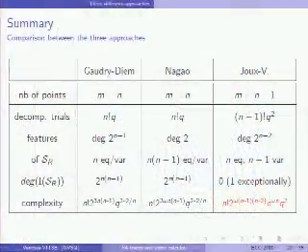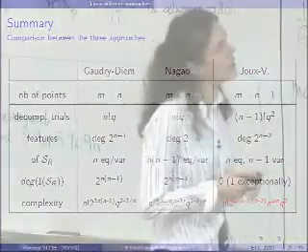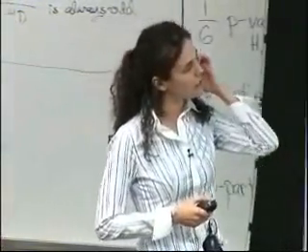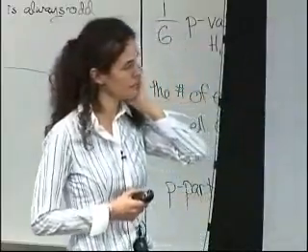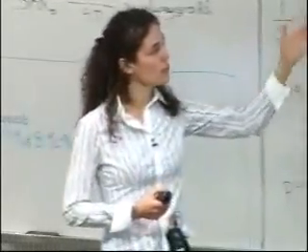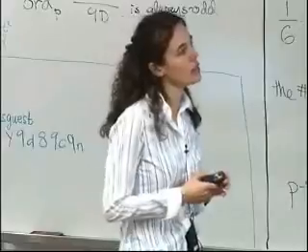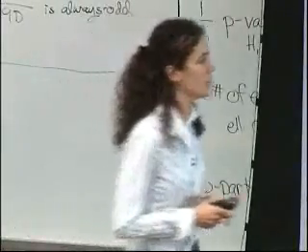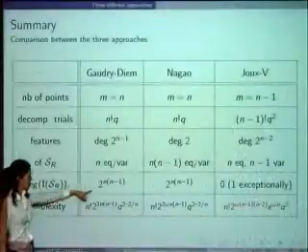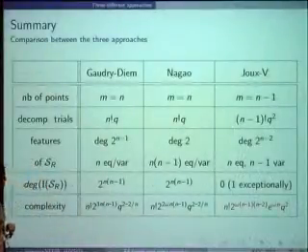To summarize what we have seen for this index calculus method, I put all the complexity on the slide and the features of our polynomial systems. So for Gaudry and Nagao, we see that we decompose in exactly the same number of points, and that the corresponding ideal is of the same degree.